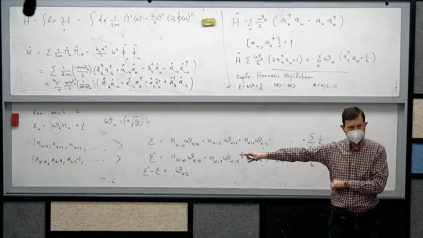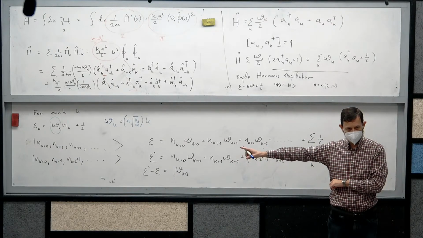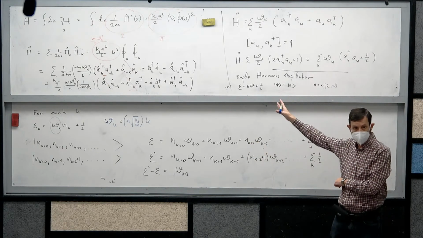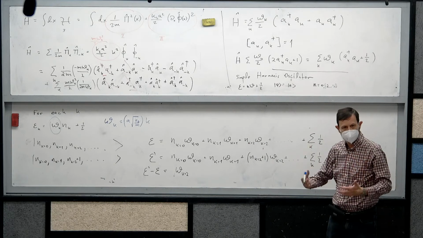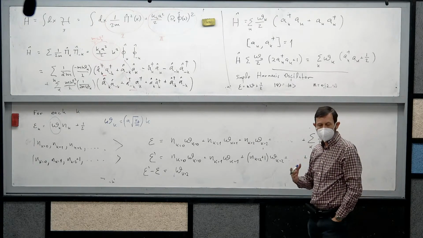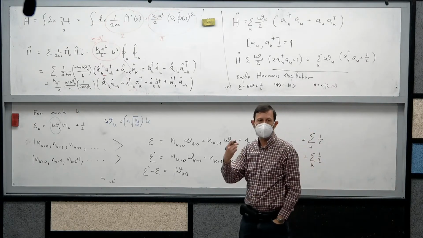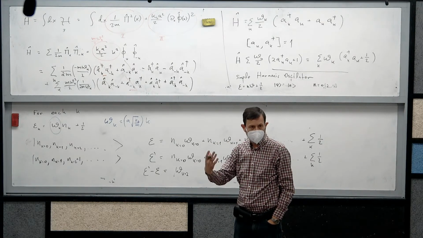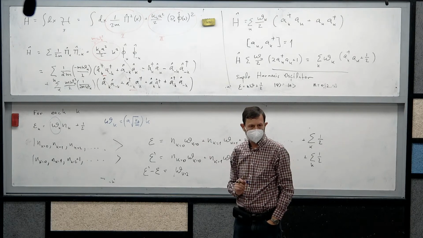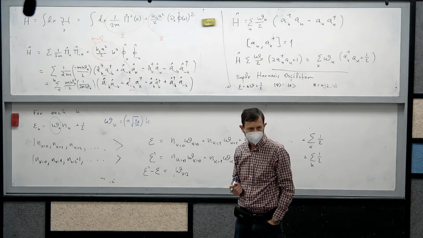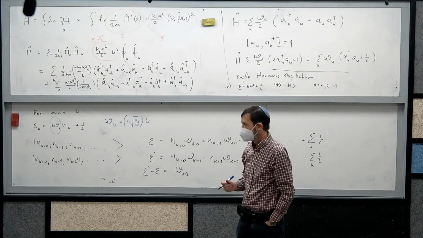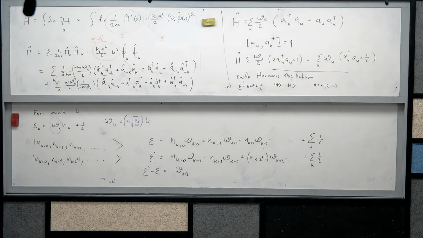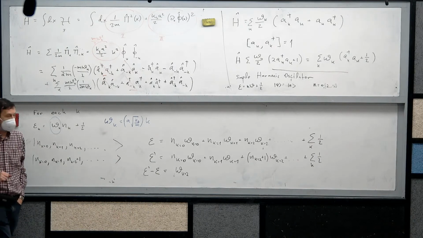Not the mass of the particles that compose this chain, but the mass of this field that will give me excitations that will cost me energy to create them, each time I add a quanta of energy to this field. Okay, so the last part will be doing exactly this.